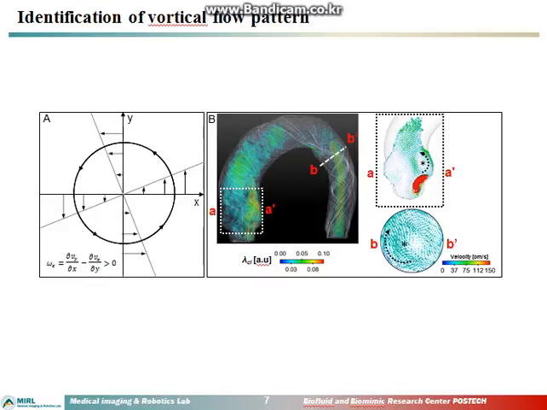Therefore, accurate quantification of the vortical flow structure is important for revealing the relationship between the vortical flow structures and vascular disease, and for developing fluid dynamic indices based on the vortical flow structure.